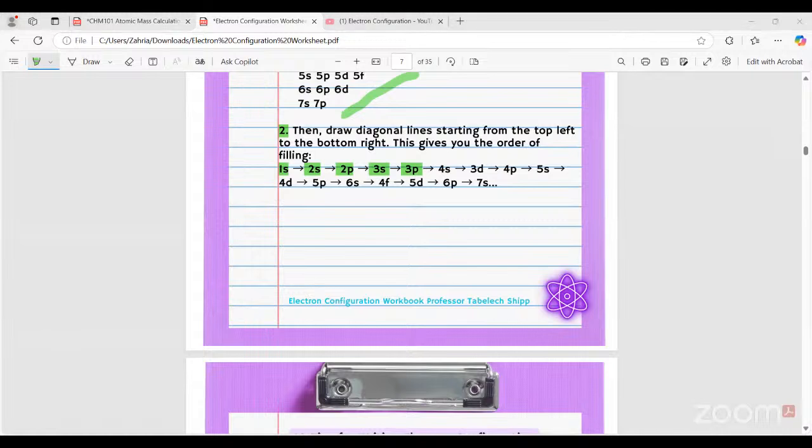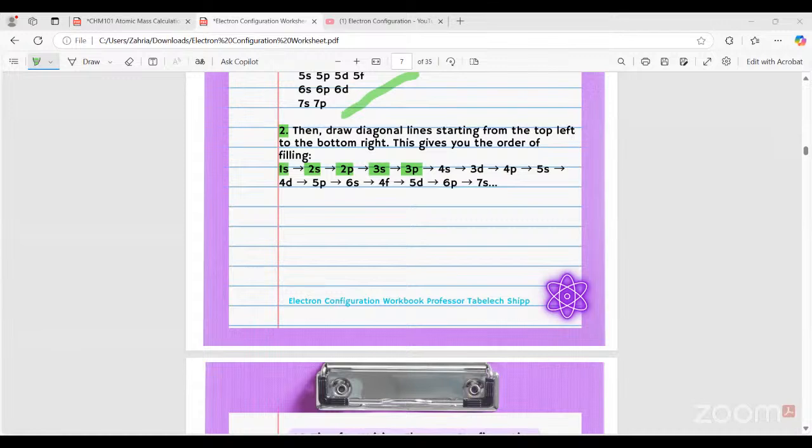So like if I ask you, what is your social security number? You're going to say 1, 2, 3, 4, 5, 6, 7, 8, 9. You wouldn't say 9, 8, 7, 6, 5, 4, 3, 2, 1. You would go in the order that you say your number is. So the electronic configuration is basically the social security number for that element.